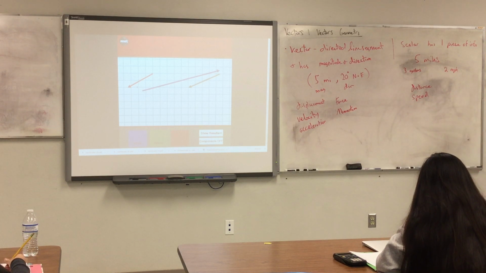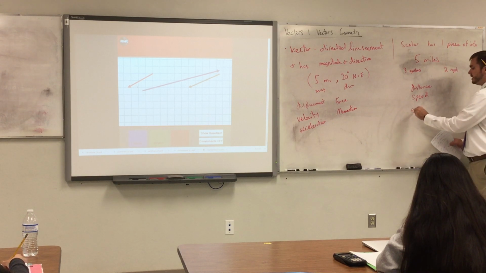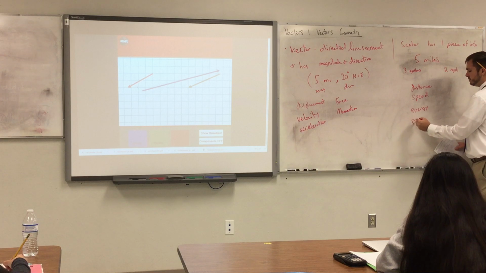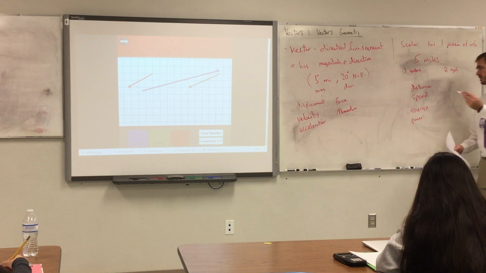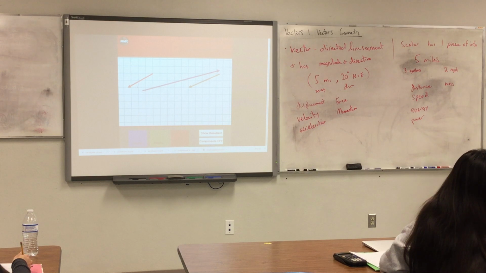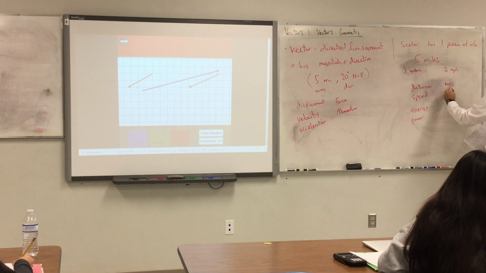It doesn't tell you the direction. Energy is a scalar. Power is a scalar. There's lots of things that are scalars. Mass is a scalar. Volume, let's go with the 3 gallons right there, so volume is a scalar.